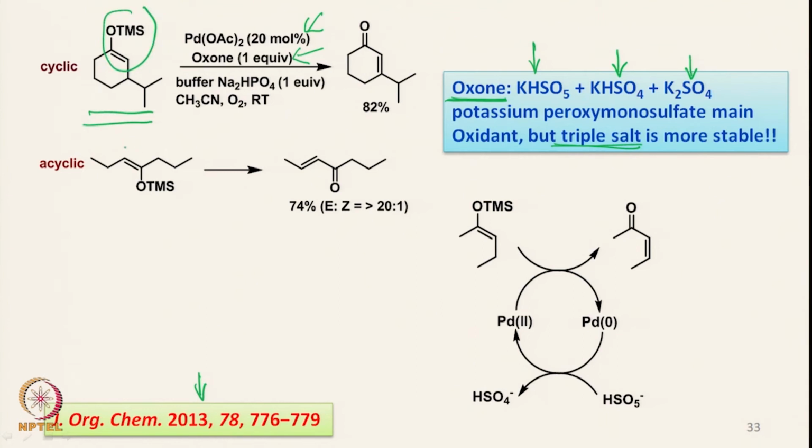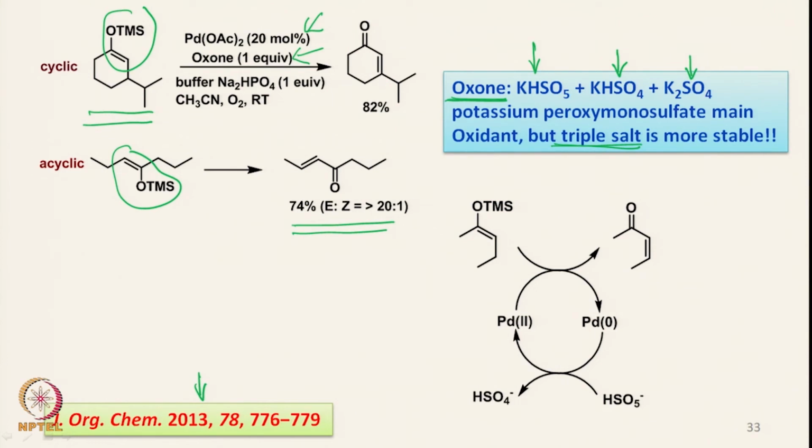This can also be done on acyclic systems and you can get the corresponding enone. So, this is a very interesting and cheap method by which, instead of using benzoquinone, you can use oxone as a co-oxidant and carry out the reaction.